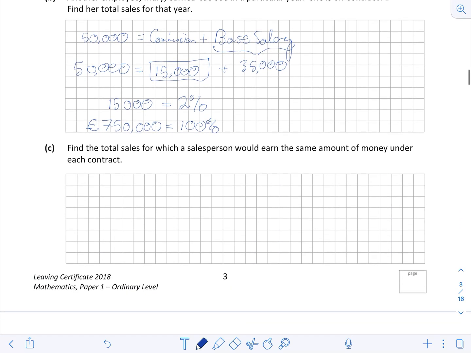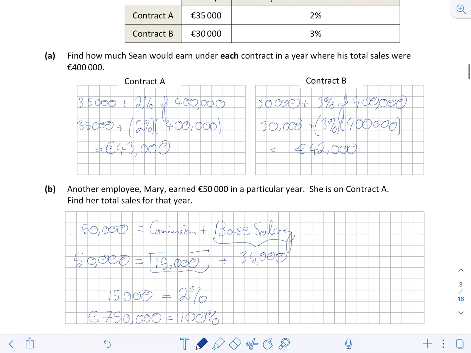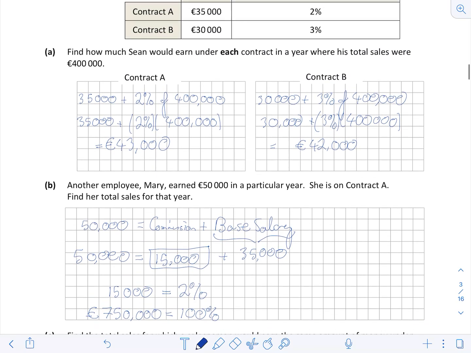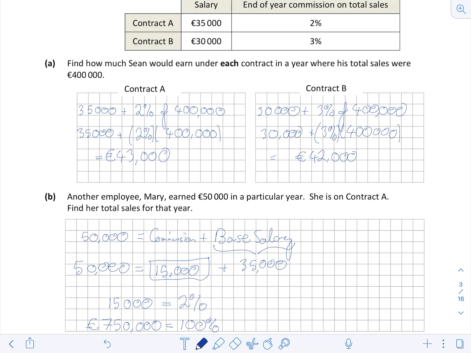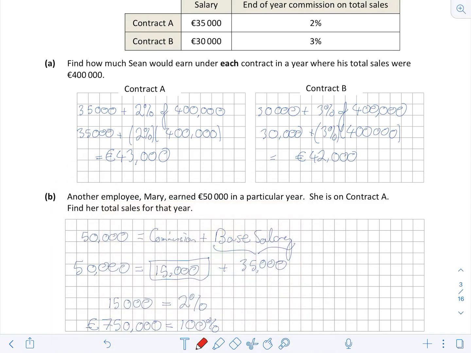Find the total sales for which a salesperson would earn the same amount of money under each contract. Okay, so that's a really tough question, and we can do it either by trial and error, or we could maybe do it a more sensible way. Ultimately, if we go back up to this question up here, wherever there's a 400,000, we're looking for the number that's going to be the same over here as over here.